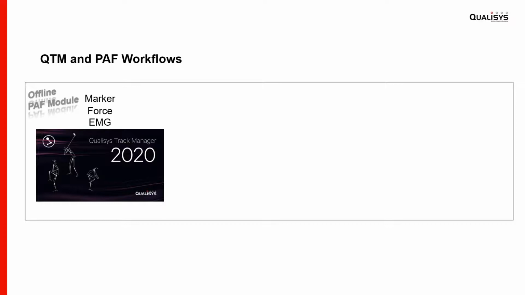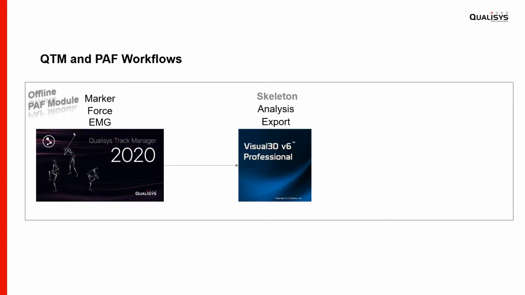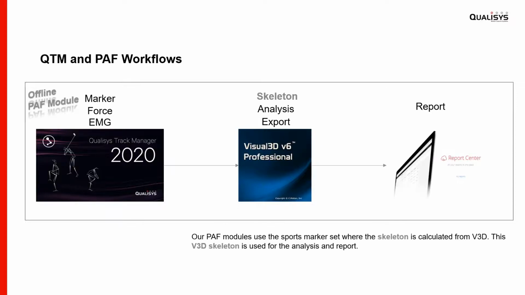So you have QTM where you record the data. You press the analysis button, and Visual 3D will define the skeleton, run the analysis for this specific sport, like baseball, running, cycling or golf, and it will export the data into our report center, so you can have a web report.